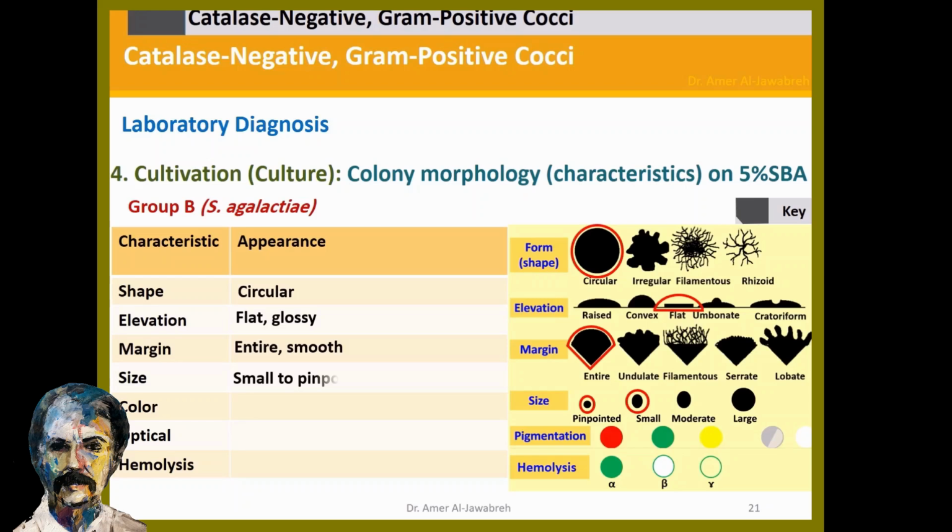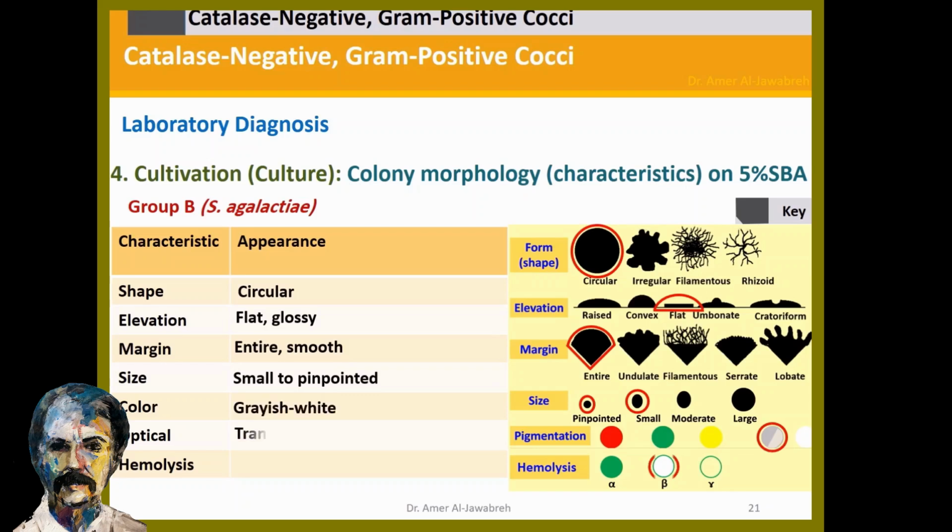Or sometimes we wait another 24 hours, because if it's yeast, it starts pinpointed, very small, then after 36 or 48 hours it becomes big. If you don't want to wait another 24 hours, easy, what would you do? Wet mount under the microscope, with saline or distilled water. If it's bacteria, very tiny circles, and if it's yeast, then very big, greenish fluorescent.